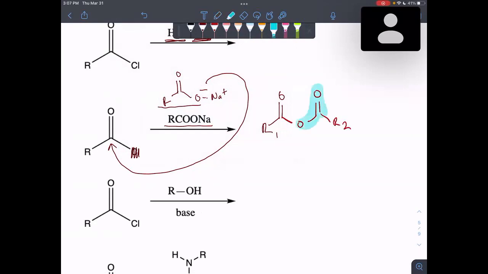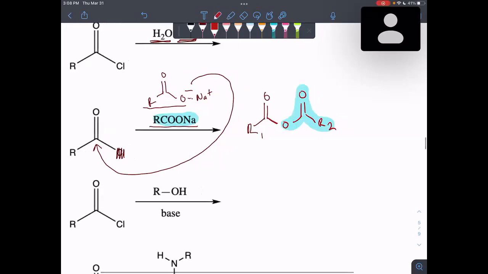This portion came from our nucleophile up here, and then we'd probably have NaCl floating around in solution as your side product.